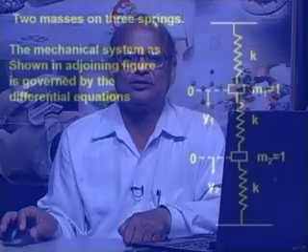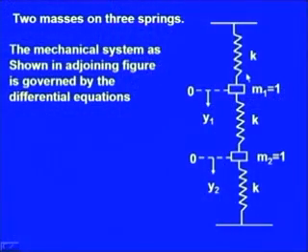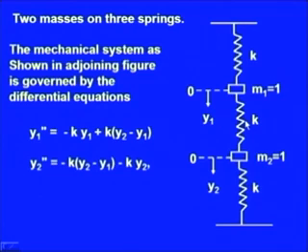Now, let us study another problem of mechanics, where we have two masses connected to three springs. All the three springs have the same spring constant k, the stiffness. So, here the governing equations of motion for the masses m1 and m2 are these two equations.